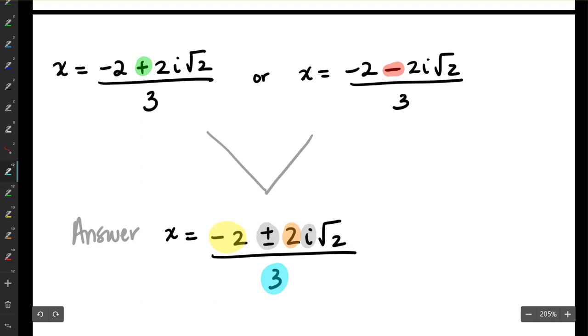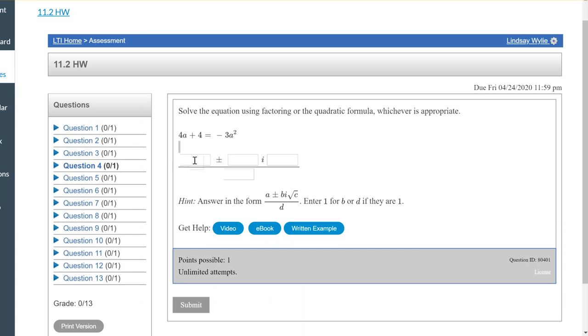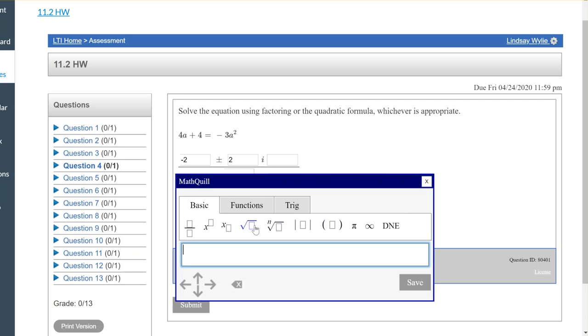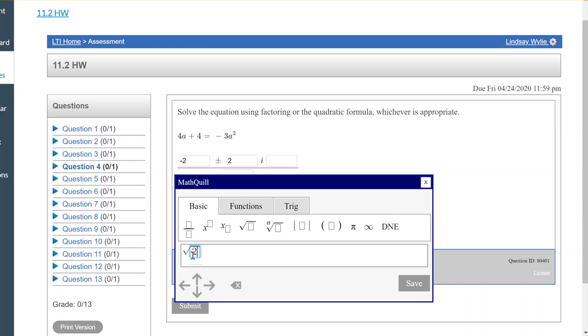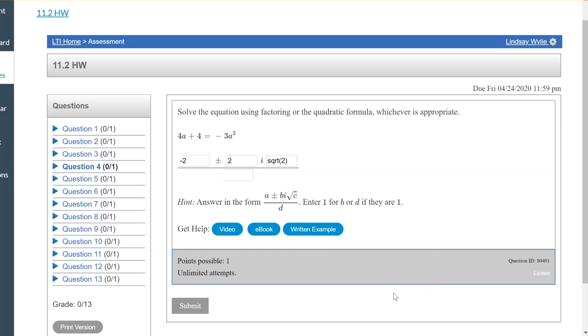So let's go ahead and do that. All right, so we have minus 2. They typed the plus or minus. 2i. And the square root part is the part that they want going last. And we had a square root of 2. And the denominator was a 3.